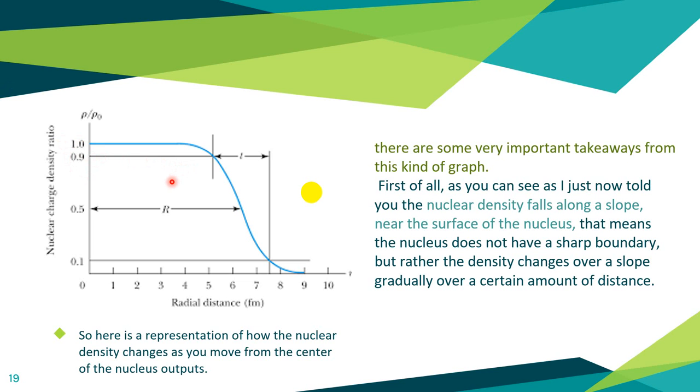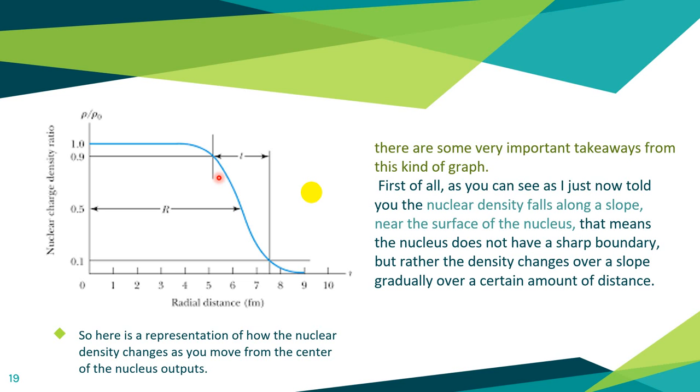And if you calculate the distance at which the density is around 10% of its maximum value, that is 0.1 rho. These two distances are separated by what is known as the skin thickness. So the skin thickness is the distance over which the density decreases from 90% of its value to 10% of its value.